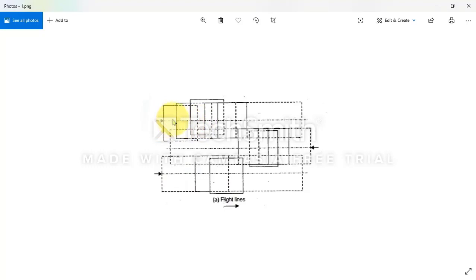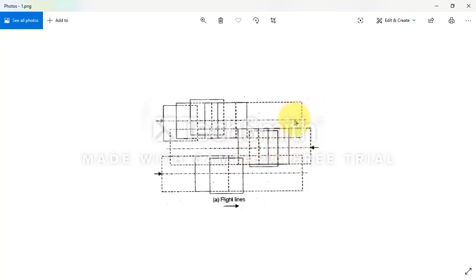The flight is moving in this direction and taking the photographs. One complete box represents one photograph, the second photograph is this side, the third photograph is this side. You can see the first, second and third are all overlapped here. Similarly, when the flight moves along this side, returns and comes to this line, here also you can see the overlap along the flight line, and also the side lap.